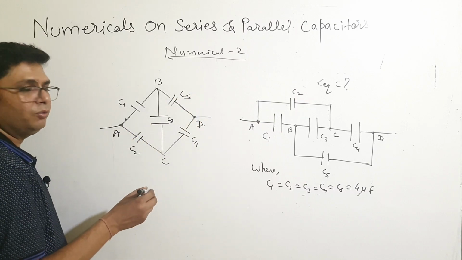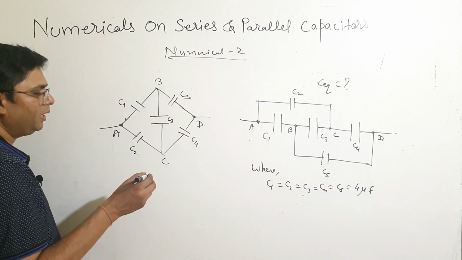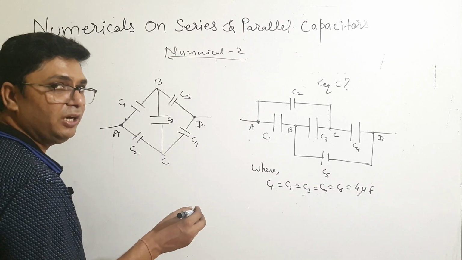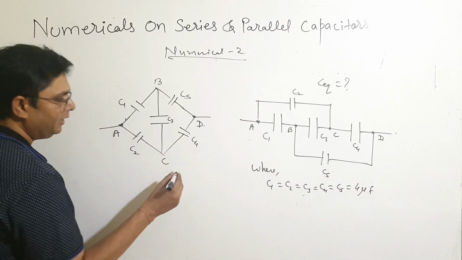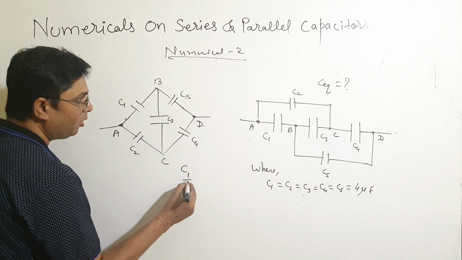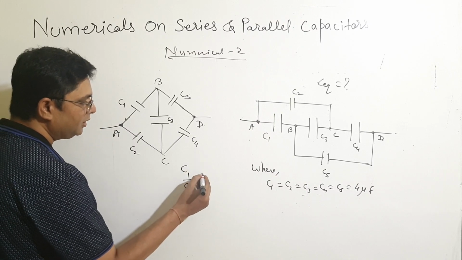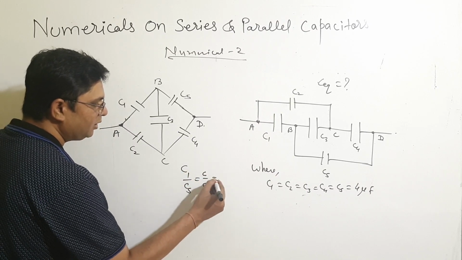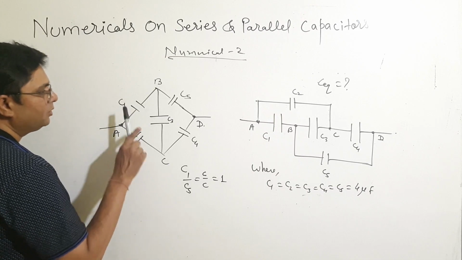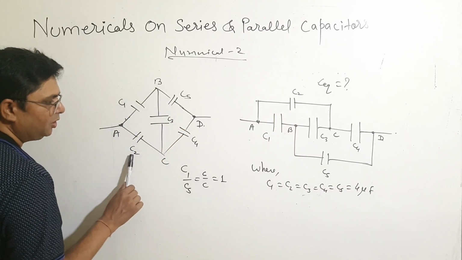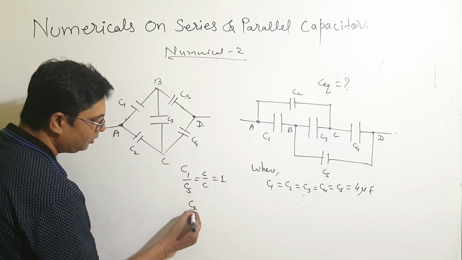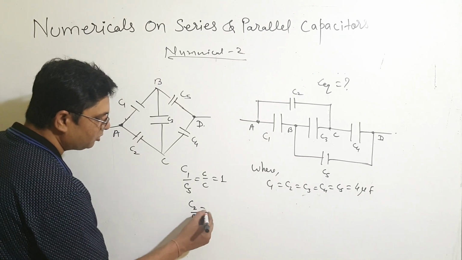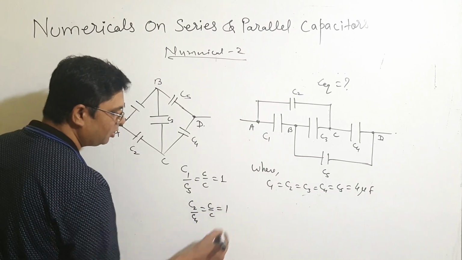Now according to the Wheatstone bridge concept, you divide C1 upon C5. This is C by C, which equals 1. Next you divide C2 upon C4. It is also C by C, so it is also 1.